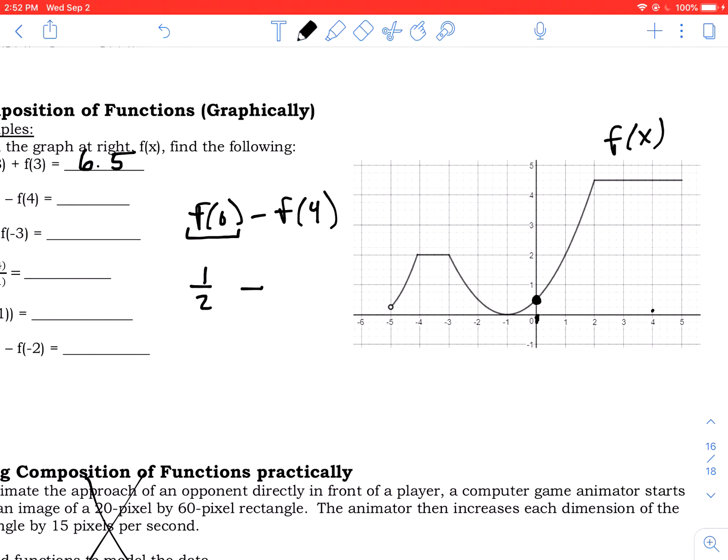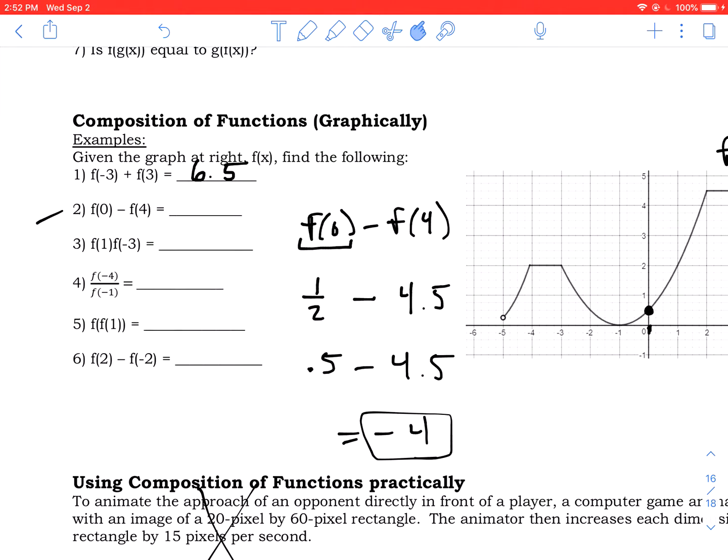And f of 4, when x is 4, y is 4.5. Okay, so what's 1/2 minus 4.5, or if you want, 0.5 minus 4.5? That's going to be negative 4. Negative 4 as an answer there. Great.